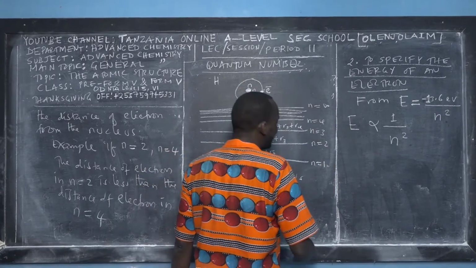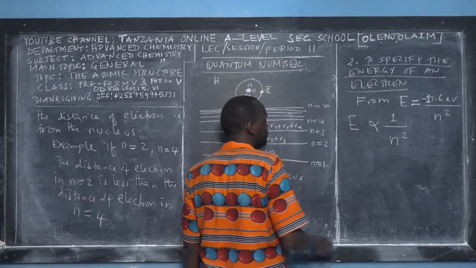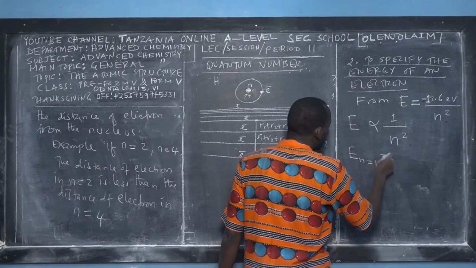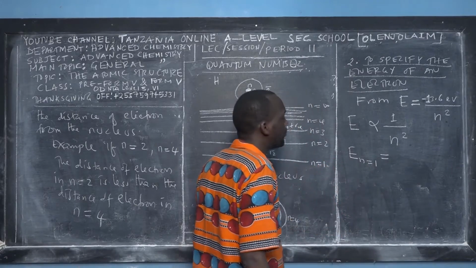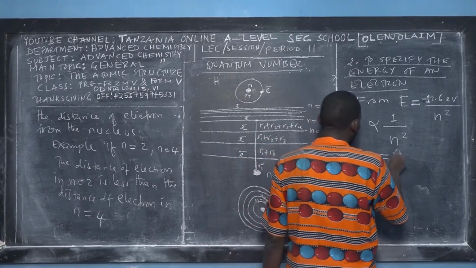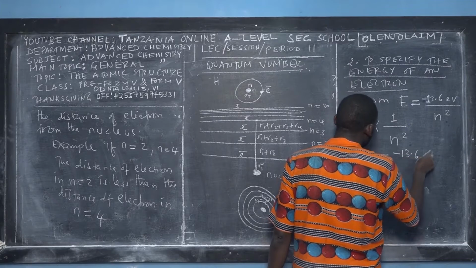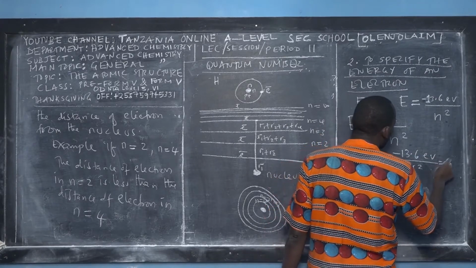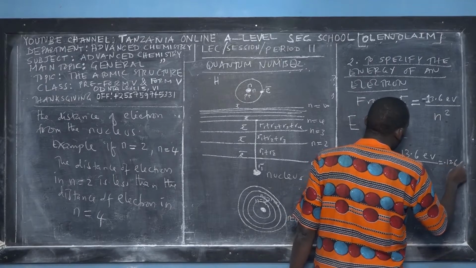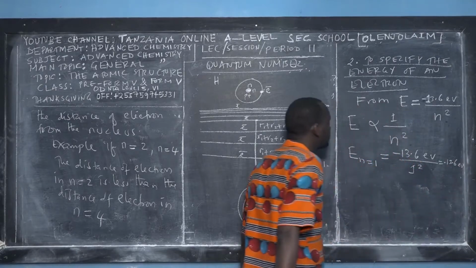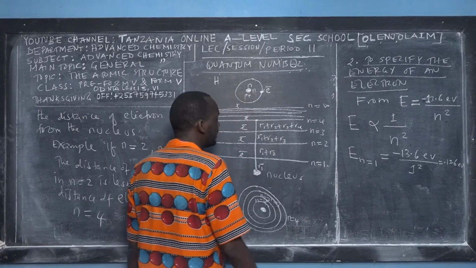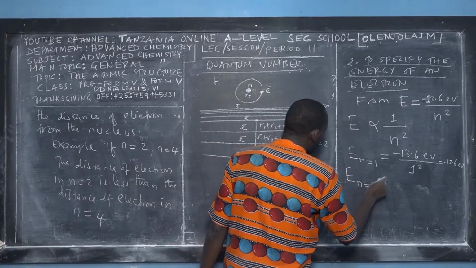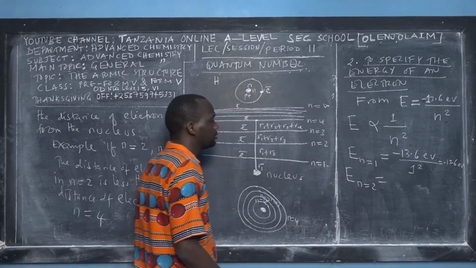Before I write that sentence, let me prove it for you. For example, let us find the energy of an electron when the principal quantum number is equal to 1. This will be negative 13.6 electron volt, and here we have 1 squared, so it will be negative 13.6 electron volt. Again, let us find the energy when the principal quantum number is equal to 2.